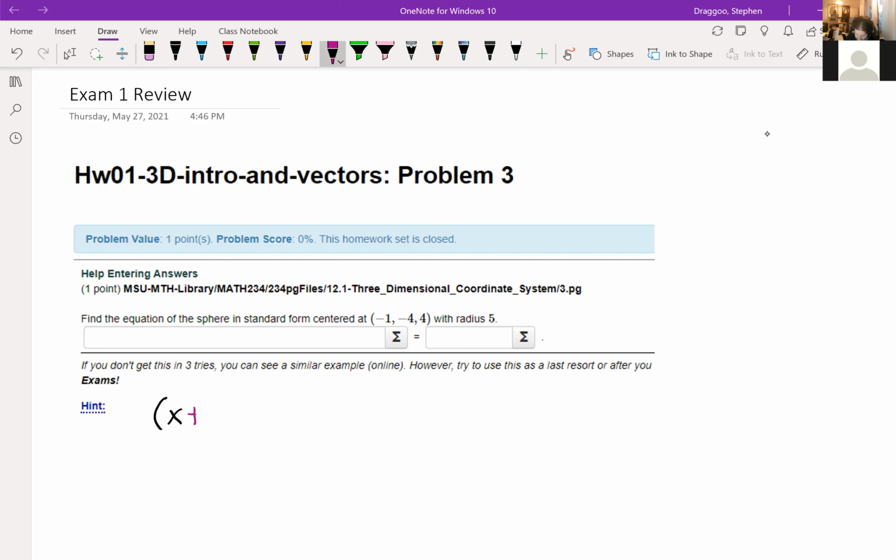So (x minus -1) squared plus (y minus -4) squared plus (z minus 4) squared is equal to 5 squared, where those values are all coming from the point provided.